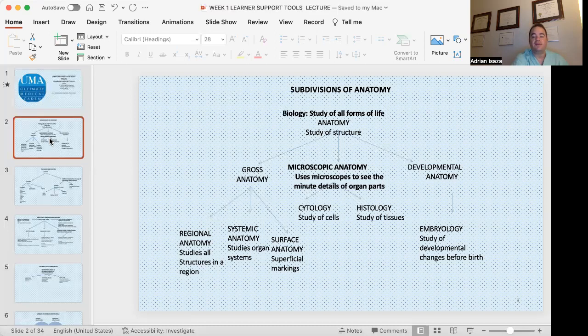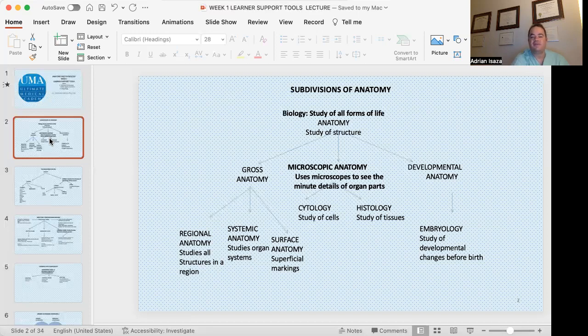What's bolded here is the definition. It uses a microscope to see the minute details of organ parts, right? Micro is a prefix meaning small. Scope is an instrument to measure. IC means pertaining to. Pertaining to an instrument to view small cells, right? Or small structures.